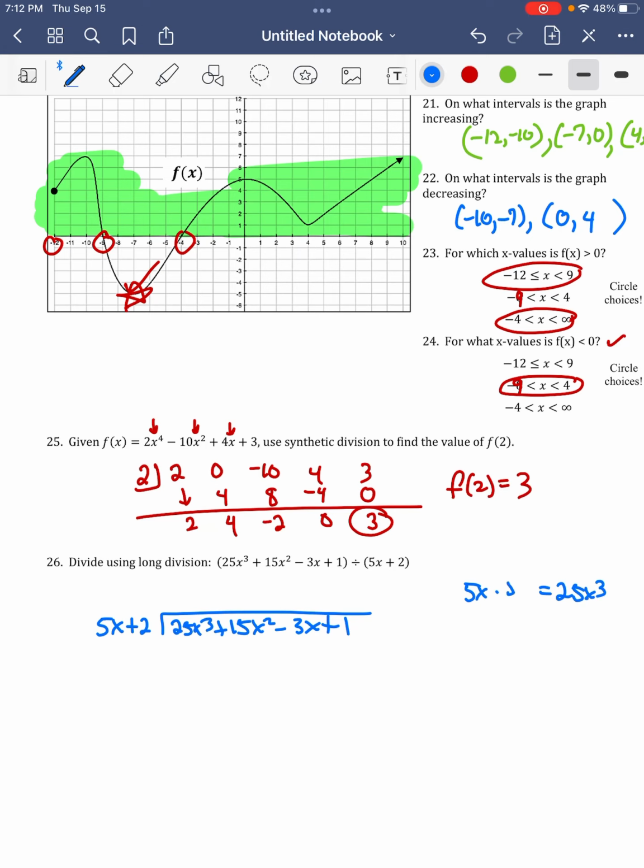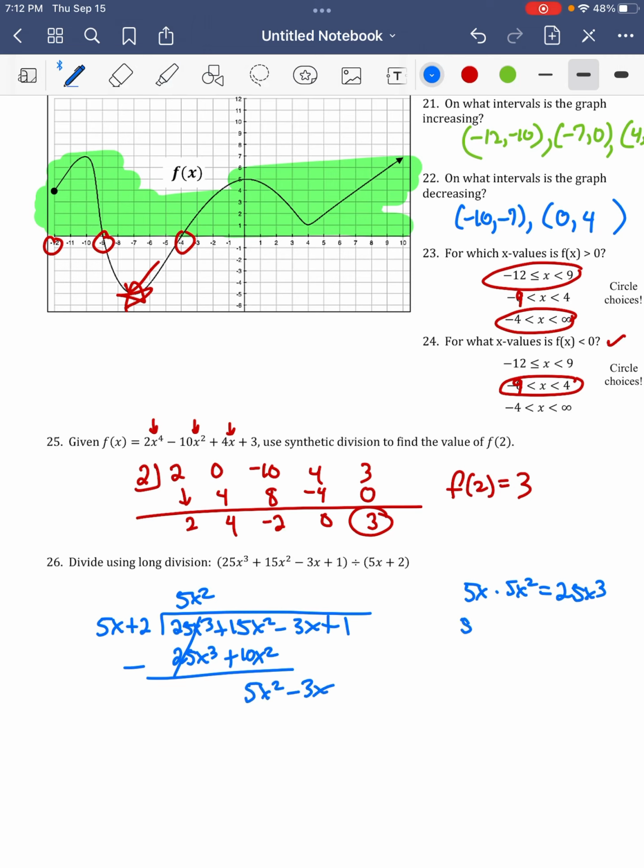Well, I think I need a 5 and 2 more x's. So 5x squared is my choice. Now I multiply 5x squared by the 5x plus 2. So 5x squared times 5x is 25x to the third. 5x squared times 2 is plus 10x squared. Draw a line, subtract. These go away. 15 minus 10 is 5x squared. Bring down my minus 3x.